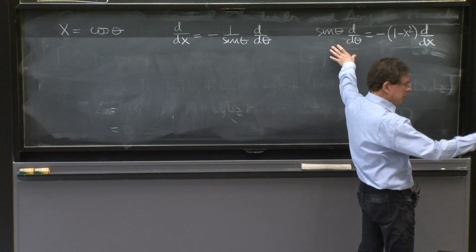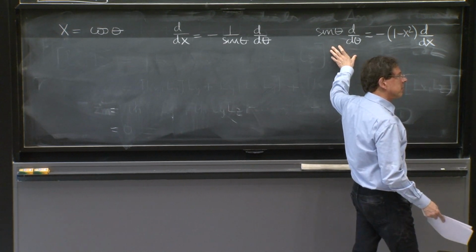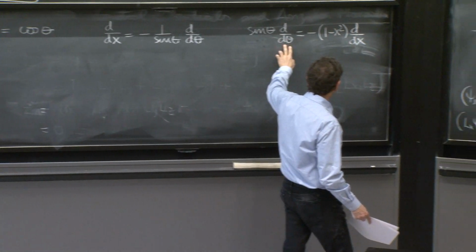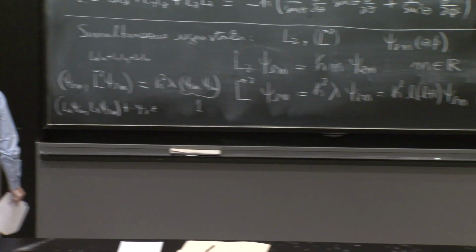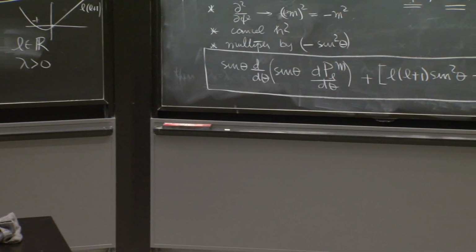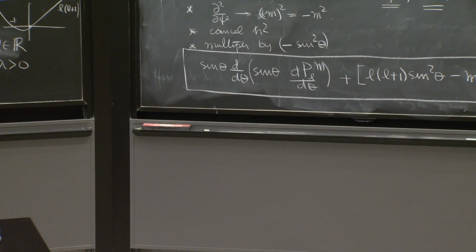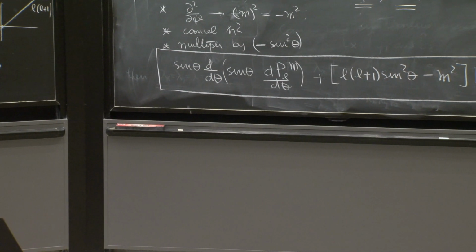And this operator you see in the first term of the differential equation, sine theta d/d theta, is this, where x is cosine theta. And then there's a sine squared theta, but sine squared theta is 1 minus cosine squared theta.